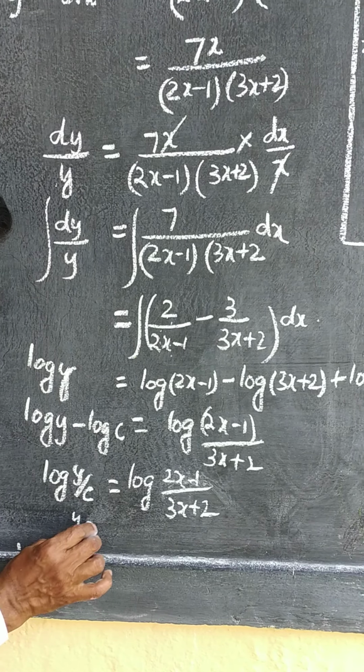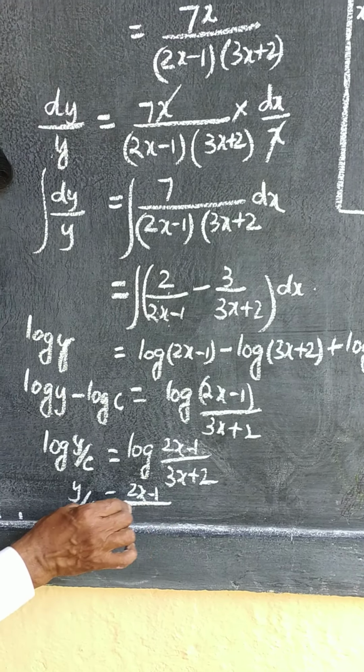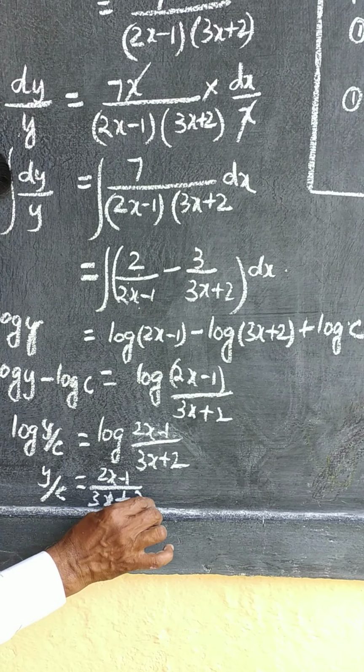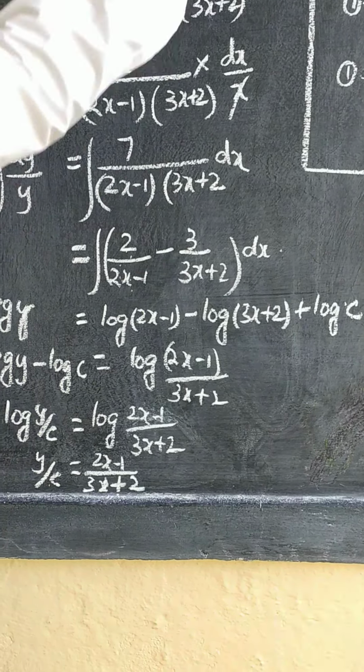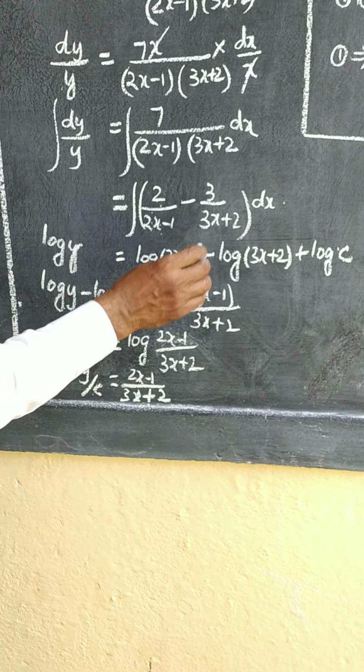Therefore, y by c is equal to 2x minus 1 by 3x plus 2. To find out the value of c, we have to put x is equal to 2 and y is equal to 3 by 8.